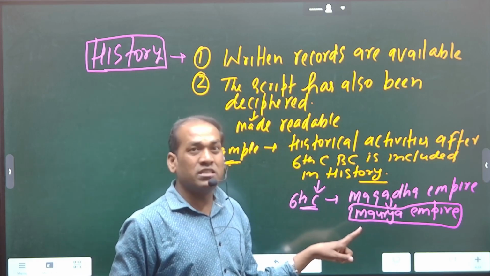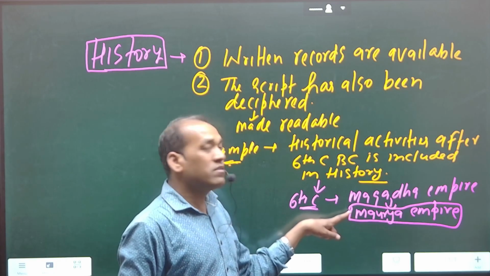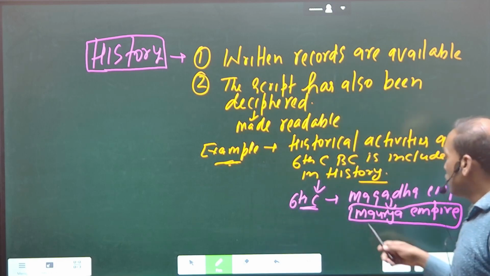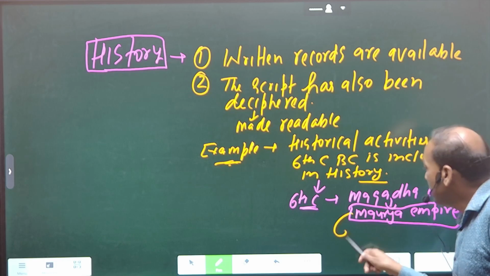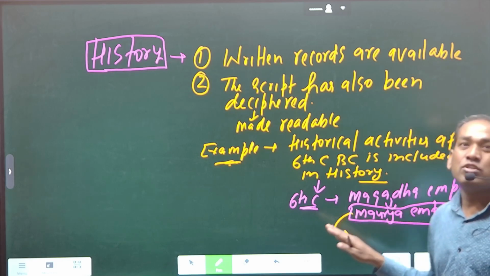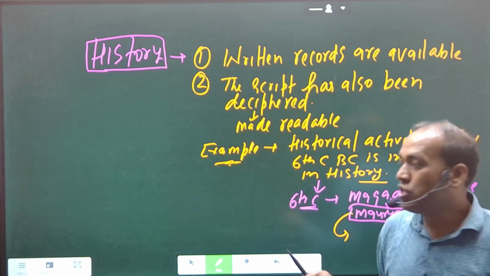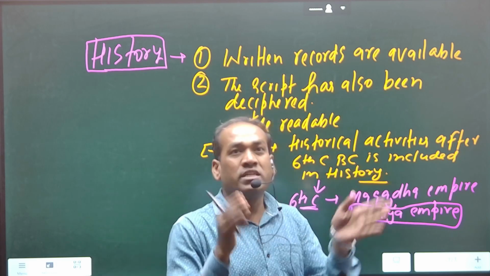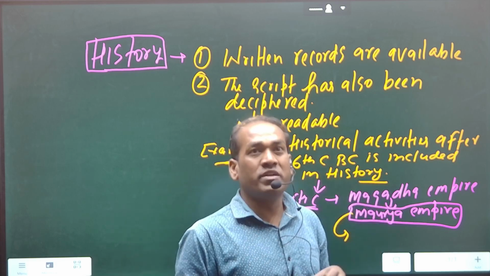So your history exactly starts with this Maurya Empire. So when the Maurya Empire was going on in India, related to this Maurya Empire we have so many written records available, and the script has also been deciphered.